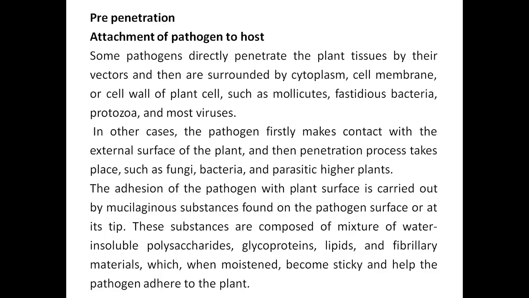These are substances or compounds made up of either insoluble polysaccharides, glycoproteins, lipids, or some fibrillar materials. They moisten and form a sticky area which helps to attach the propagules of the pathogens.